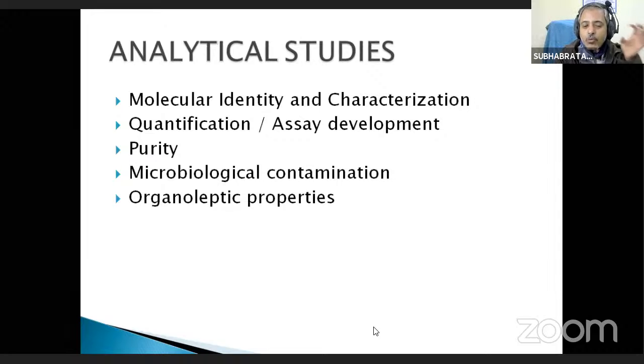So these need to be known. Why? Because depending on the type of the drug, suppose you are doing HPLC and the nature of the drug is such that it does not have a UV visible spectrum. Not all drugs will have a UV visible spectrum.